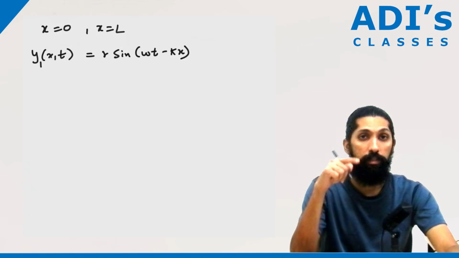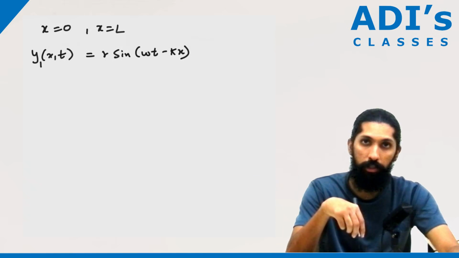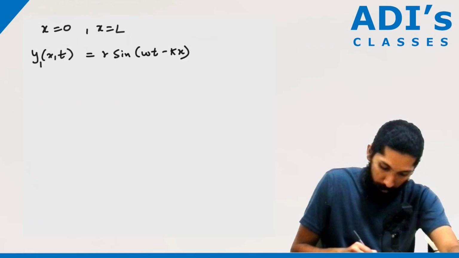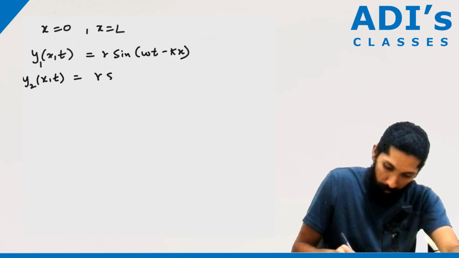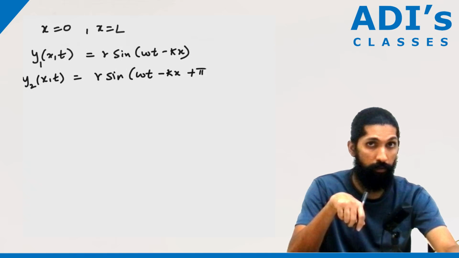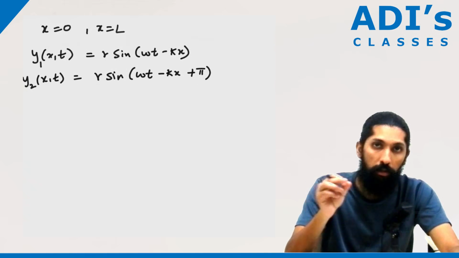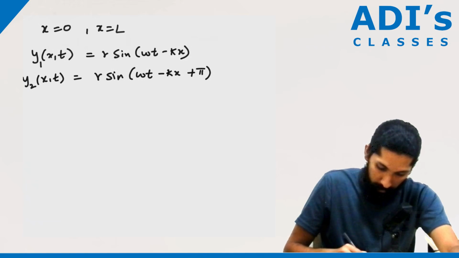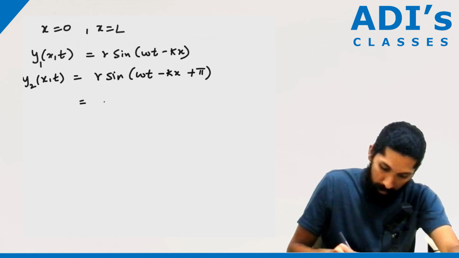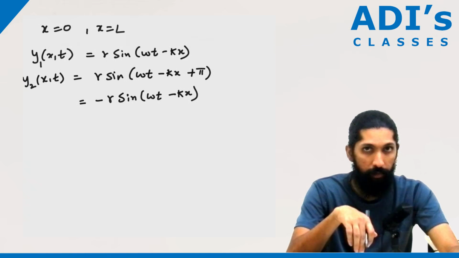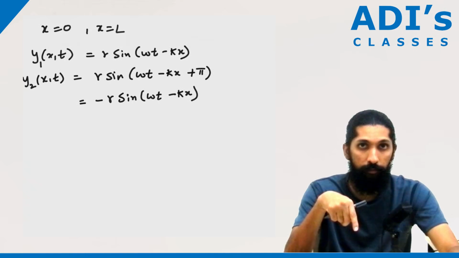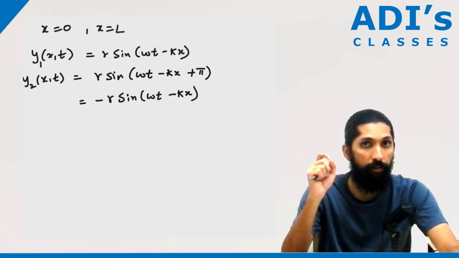The second wave comes in the opposite direction. So y2 of x comma t is r sine of omega t minus kx plus pi, a 180 degree phase shift. But what is sine of pi plus theta? Minus sine theta. So this becomes minus r sine of omega t minus kx. One more thing: the second wave is coming from right to left, which means it is moving in the negative x direction.